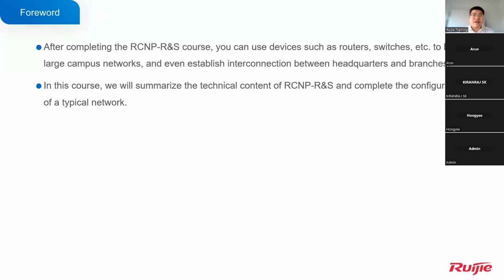It can satisfy the requirements of most campus networks, or medium and even large size campus networks. And in this course, we will summarize the technical content of RCNP R&S and complete the configuration of a typical network.